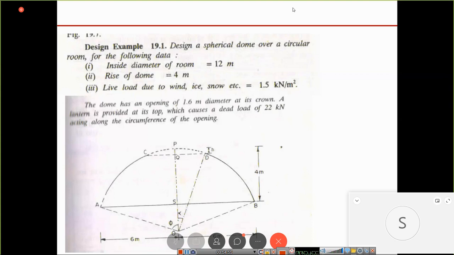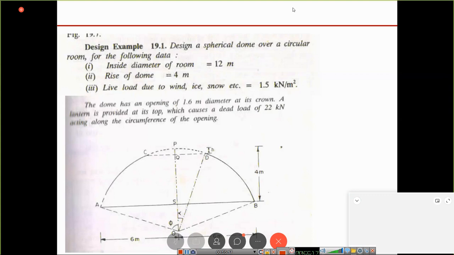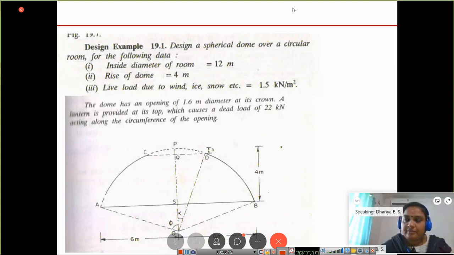The working reinforcement itself, we'll have the meridional steel as well as the horizontal steel. So we'll have the meridional steel coming like this and the horizontal steel. The same thing, the shape will only be different. That's it.